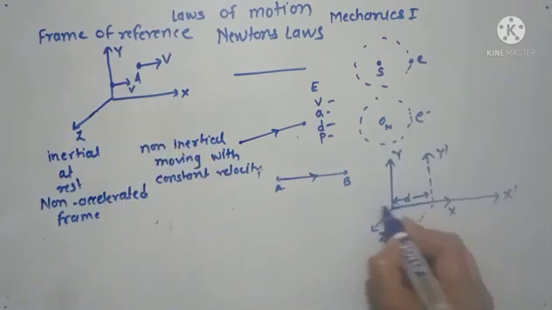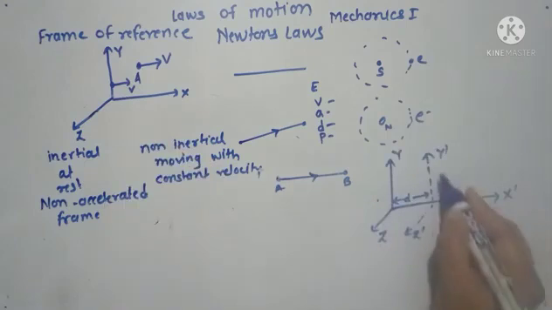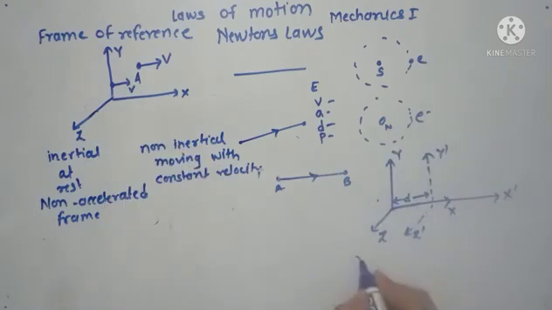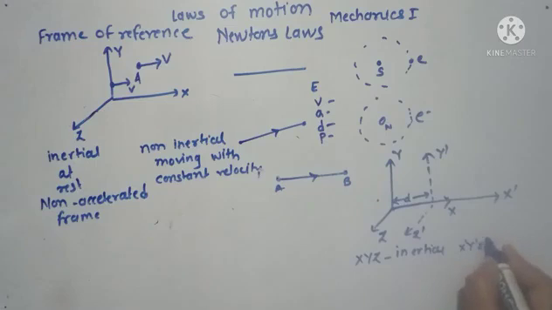So this frame of reference is fixed and this frame of reference is moving with some constant velocity. Consider that x, y and z is fixed, so we can call it an inertial frame of reference, and x dash, y dash and z dash, if it is moving with some constant velocity, let me call it a non-inertial frame of reference.